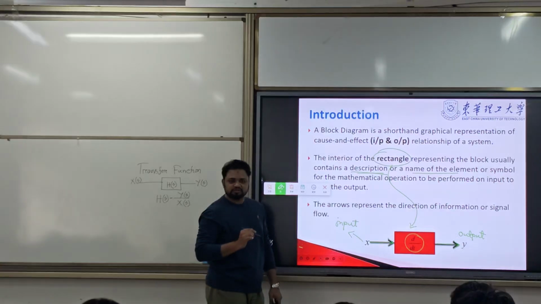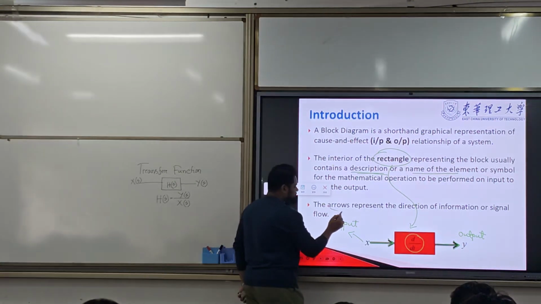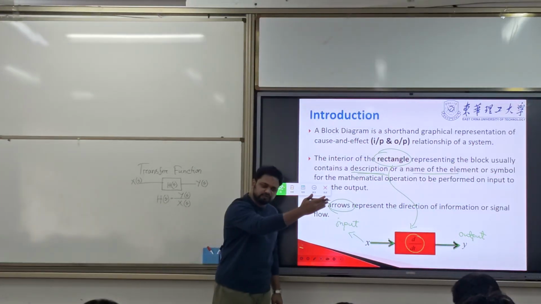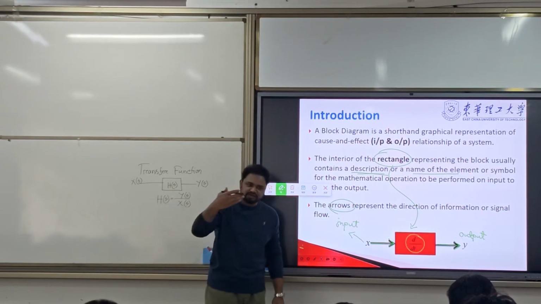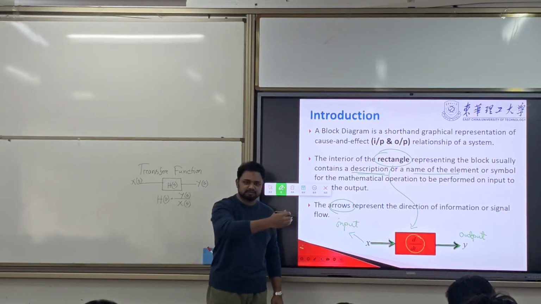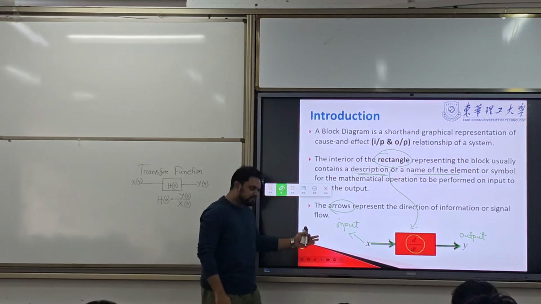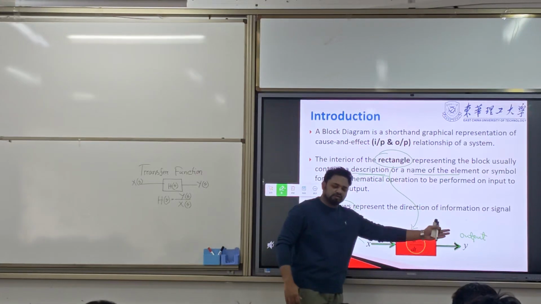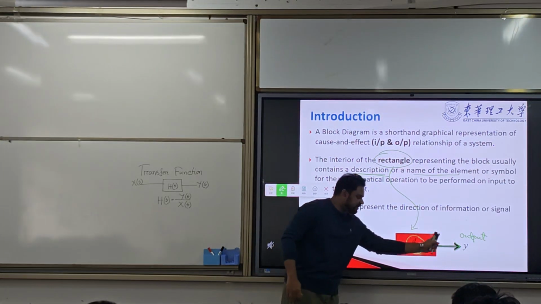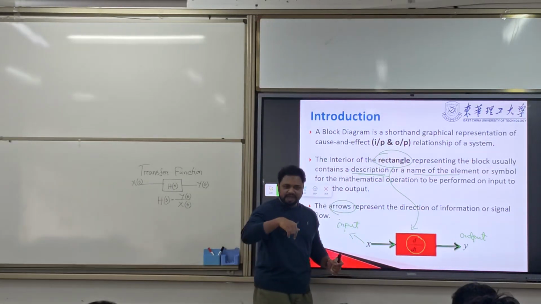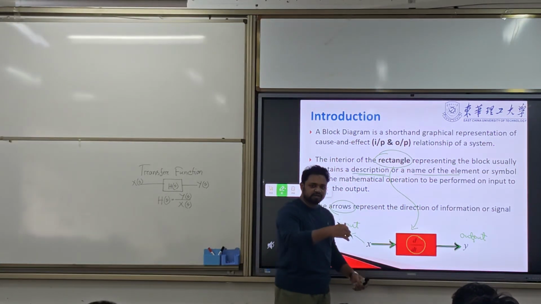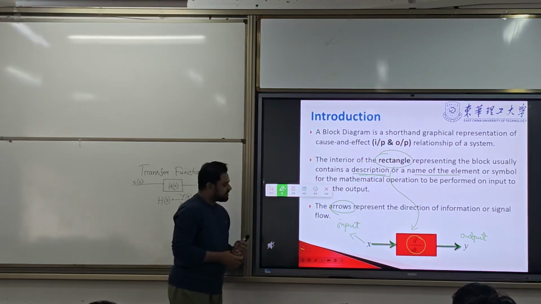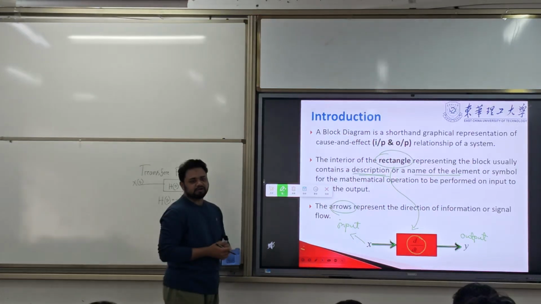What this defines is the direction of information, how the signal is flowing. Here, the signal is flowing from X to Y in the forward direction, so we are using forward arrows. If it is back, then we will use backward arrows. I will explain it later on. So this is just a simple example of the block diagram.